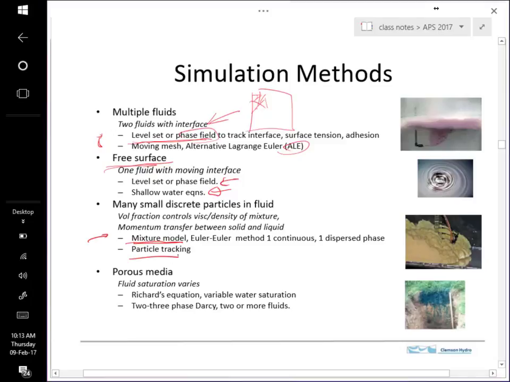Then we can also, though, just use particle tracking. So you guys did some particle tracking already, right? Those particles were just tracking particles. They weren't particles per se, they were just to watch how the fluids are moving.